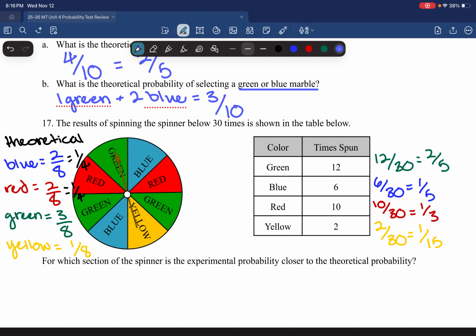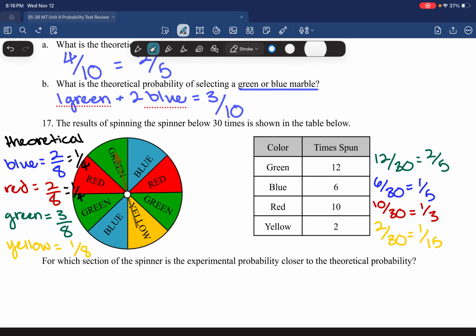So which one of these here is closer to what I expect here, right? I'm looking at them. All right, 1/8 and 1/15. I know 1/8 is 0.125. I don't know 1/15. I want to say it's like 0.7 something. I'm just going to double check. It's actually 0.067. All right, so I know that one's probably not going to be it.